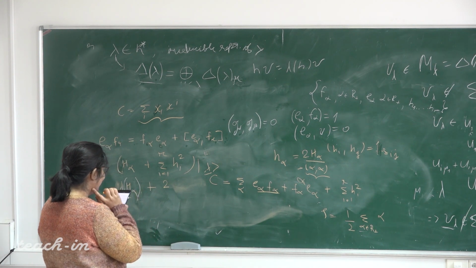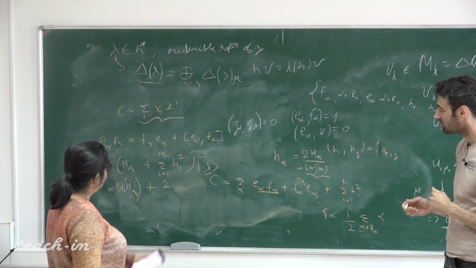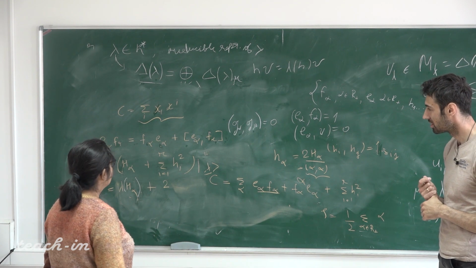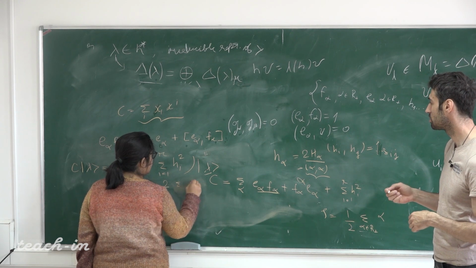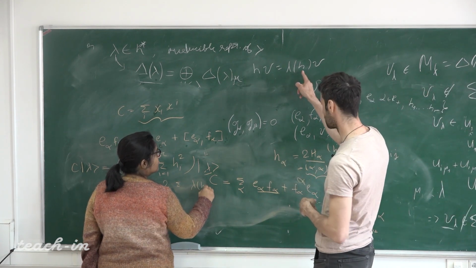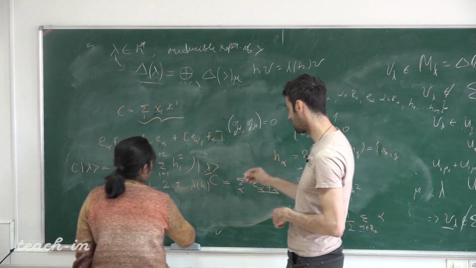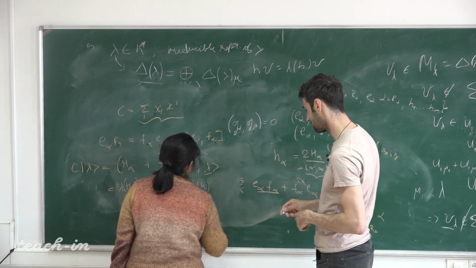This term should be the square of the length of lambda, because it's a basis. So far you can also use this: lambda of H_i squared.